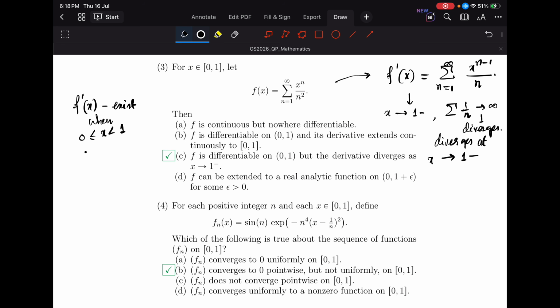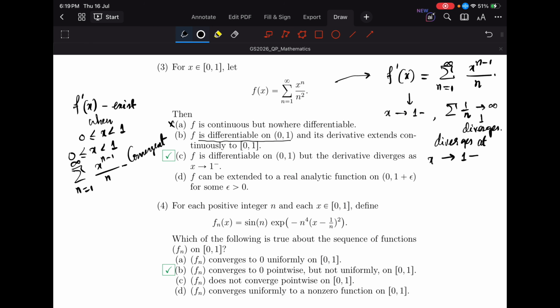Because if x is strictly in between 0 and 1, then the series is convergent. So f is continuous but not differentiable, this is not correct. f is differentiable on 0 comma 1 and its derivative extends continuously to 0 comma 1. This statement is not correct, because f is differentiable on 0 comma 1, but the derivative cannot be continuously extended to 1 because at 1 it has a divergent sum.